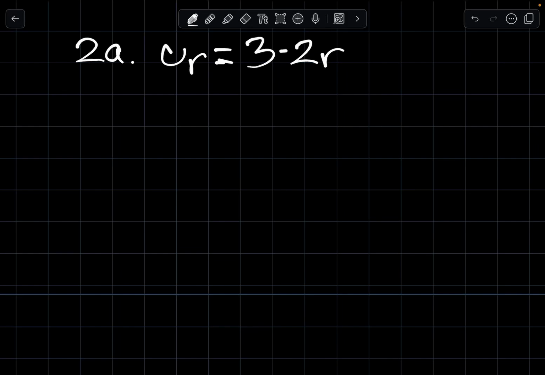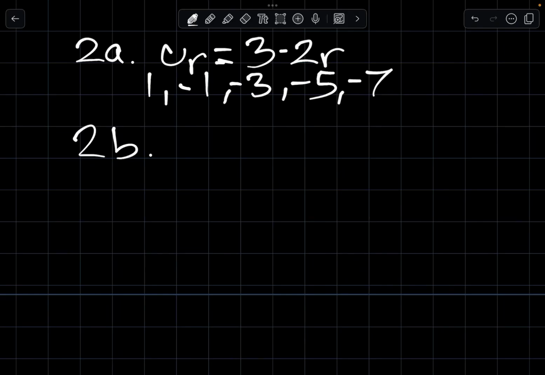And now, when it says the first 5 terms, they mean whole numbers. So we have r equals 1, 2, 3, 4, and 5. And I'm not going to show them each individually, but after plugging them in, you get 1, -1, -3, -5, and -7. Notice how it's going down by 2 each time, starting from 3.